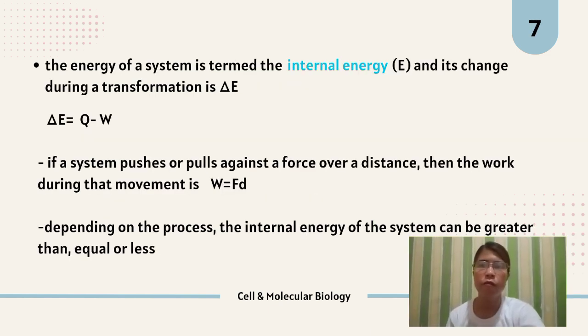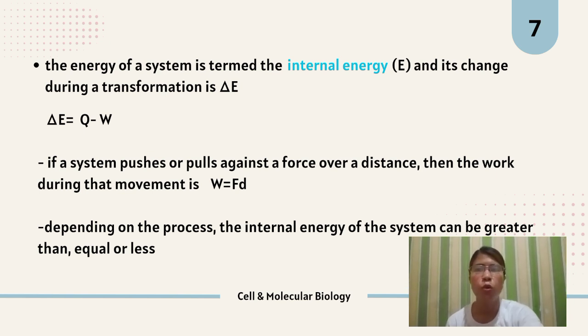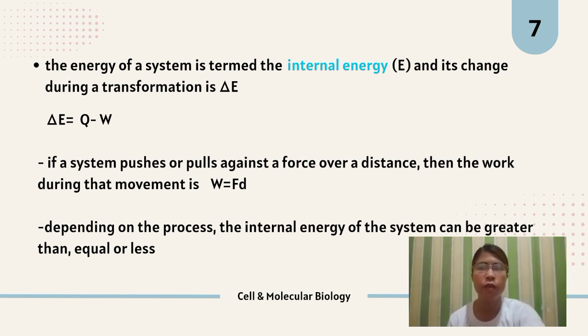So the energy of a system is termed the internal energy and its change during transformation is called delta E. So one way to describe the first law of thermodynamics is that delta E equals Q minus W, where Q is the heat energy and W is the mechanical work energy.